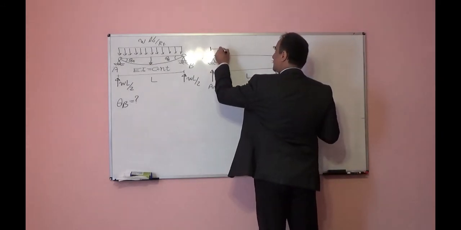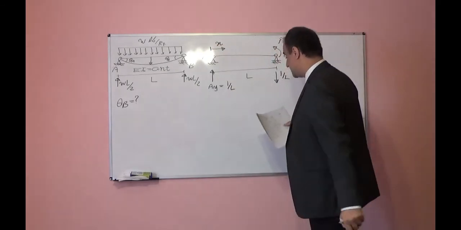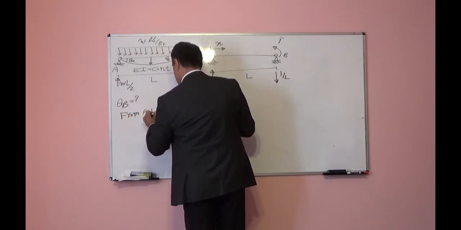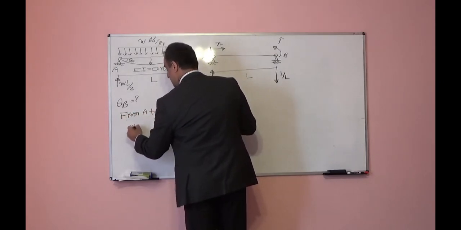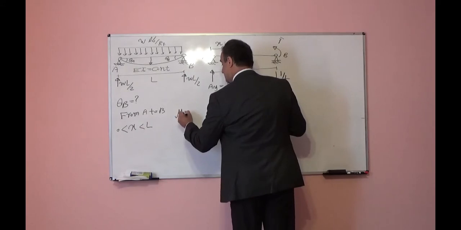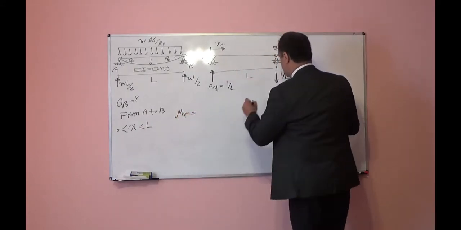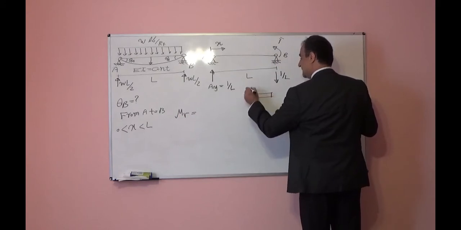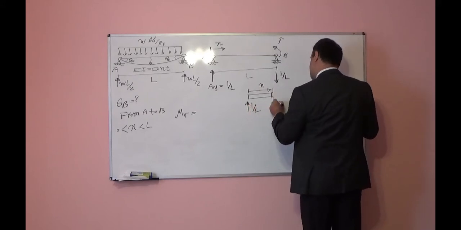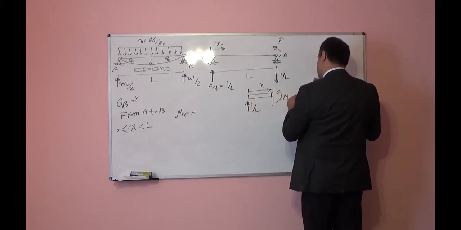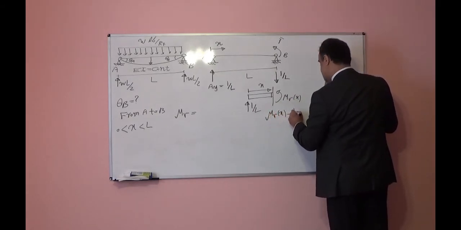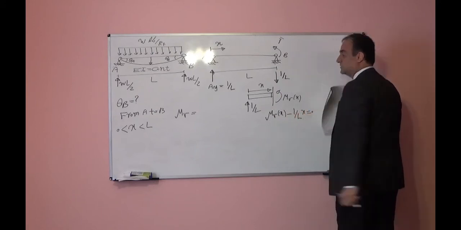Here I measure X from the left side, point A. So I can write, from A to B, X varies from 0 to L. If I look at the free body diagram, this is X, support reaction 1 over L, M, V. If I take moment with respect to the cut point, MV minus 1 over L times X is equal to 0.